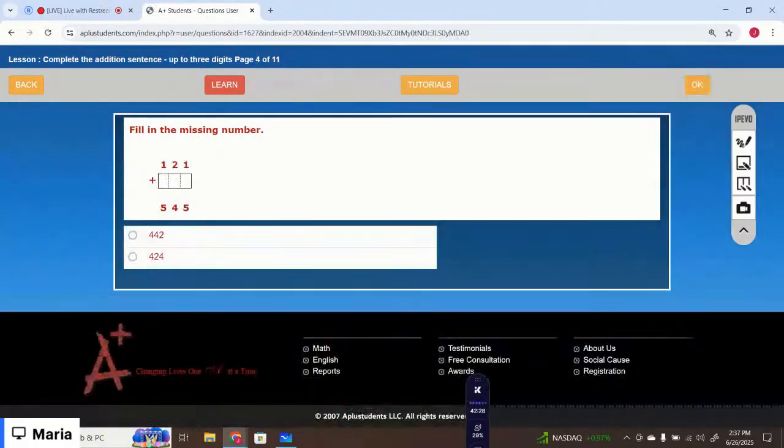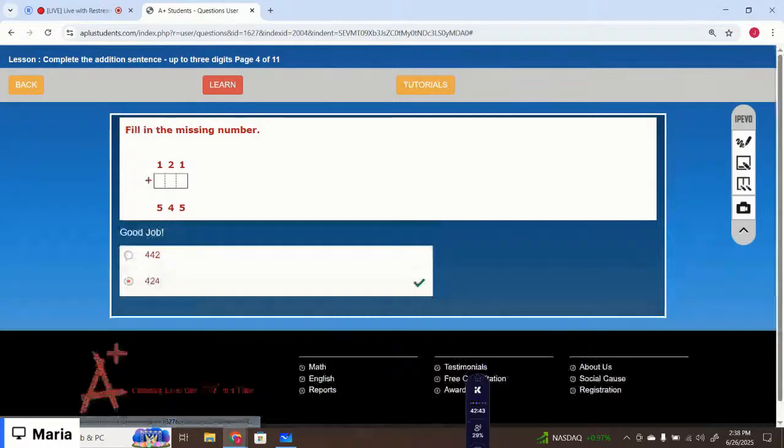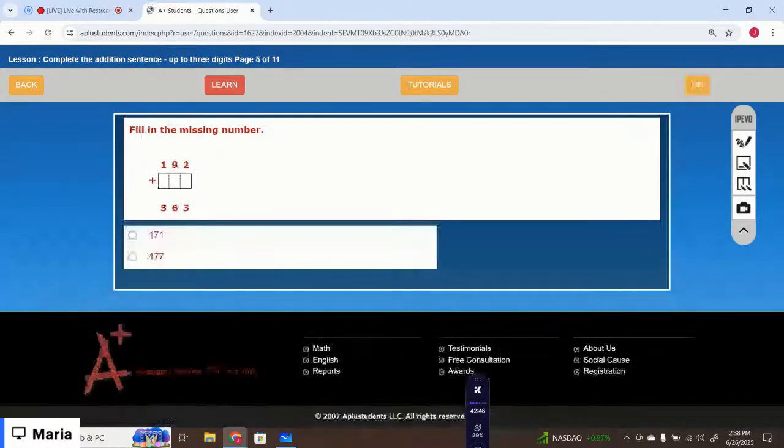Fill in the missing number. So which number is missing? That is 4. Option number two is the correct option. One number plus the missing number equals 300 minus 63.